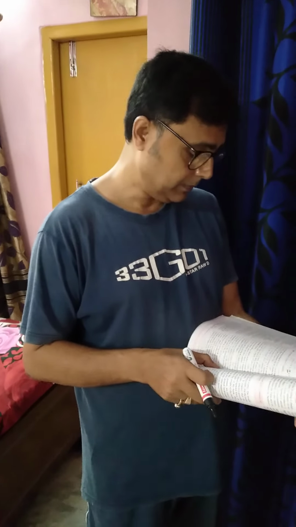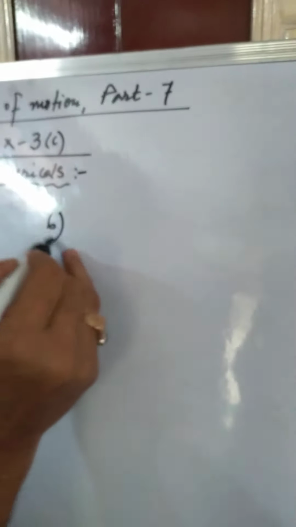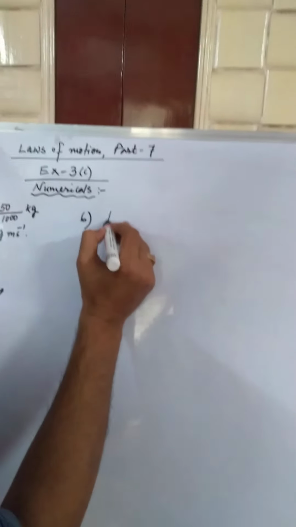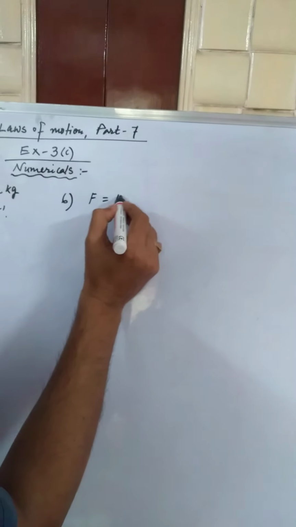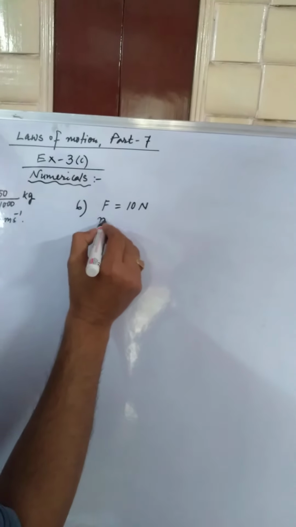Okay. Now come to the next one. Question number 6. The question is a force of 10 Newton. So F is given 10 Newton. The force of 10 Newton acts on a body of mass 2 kilogram.